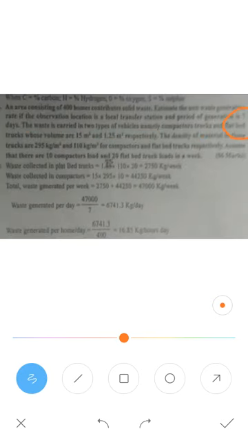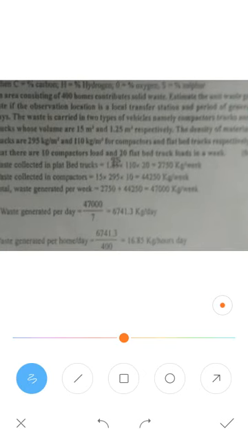The volumes are 15 cubic meters and 1.25 cubic meters respectively. The density of the material in the compactor trucks is 295 kg per cubic meter and in the flat bed trucks 110 kg per cubic meter.